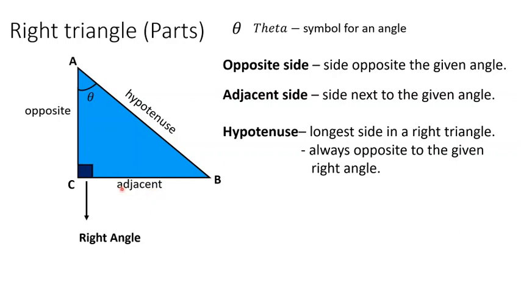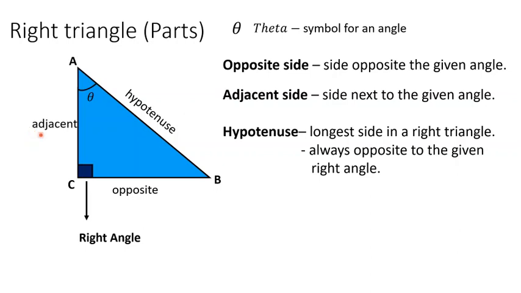Ito ba ay mananatiling adjacent? Hindi na. Since ito na yung given angle, since ayan na yung katapat niya, this will be the opposite side, and this one will be the adjacent side. Magpapalit po yan. This will be the opposite side dahil nagbago yung ating given angle, and this will be our adjacent side.